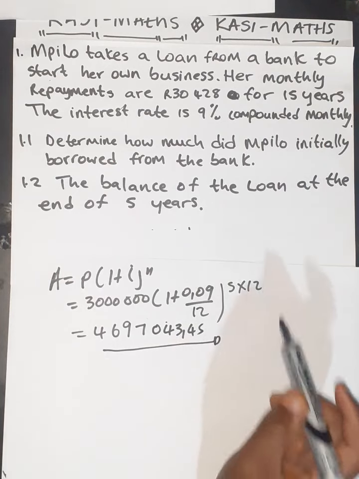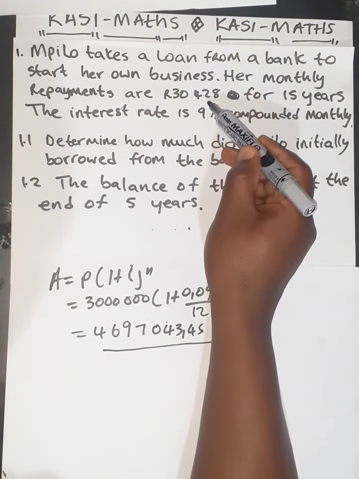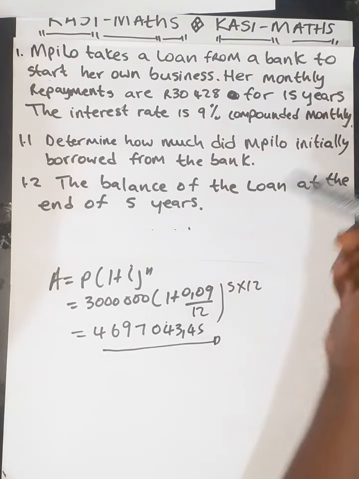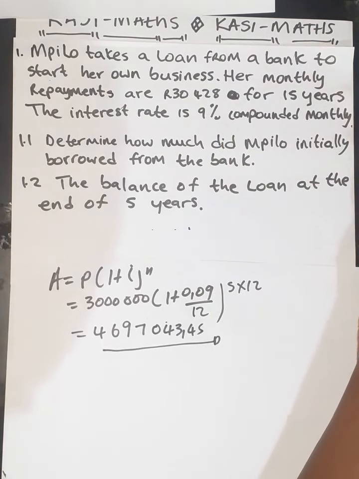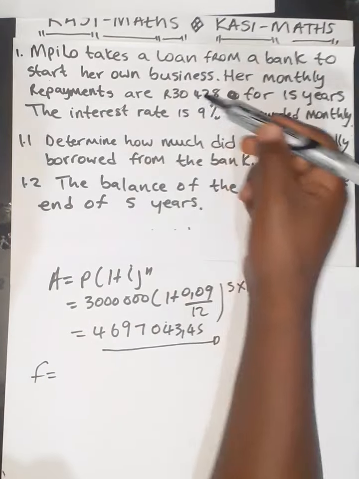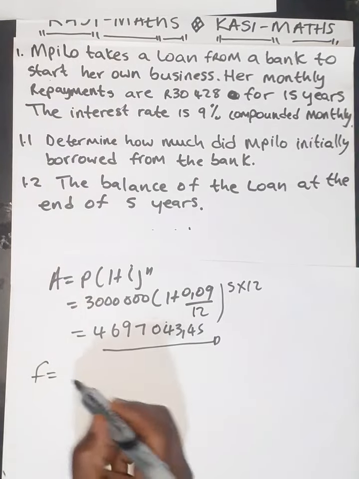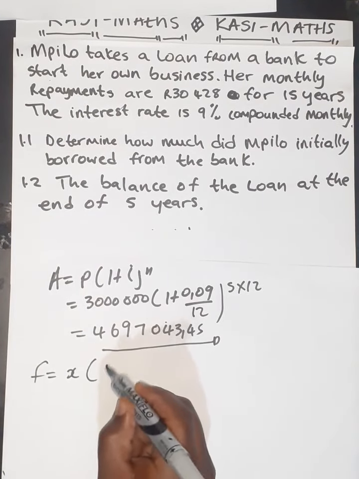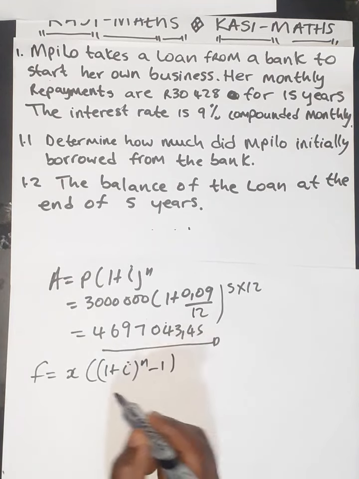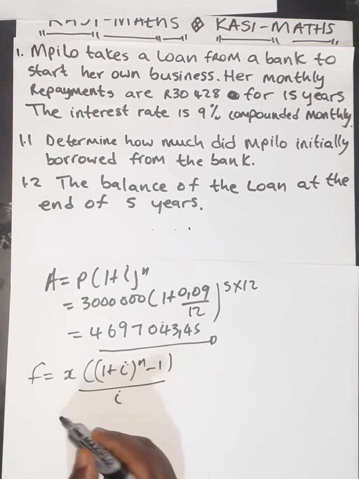Then we want to know, each and every month we deposit 30,000. So after 5 years, what do these payments become? We come back to the future value formula, because the 30,000 is like savings. Future value: X times ((1 plus i) raised to n, minus 1), all divided by i.